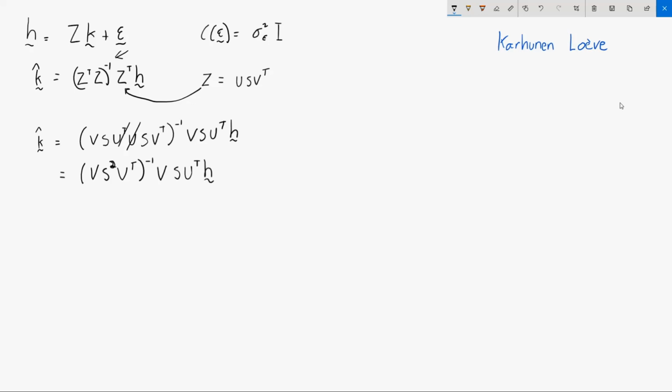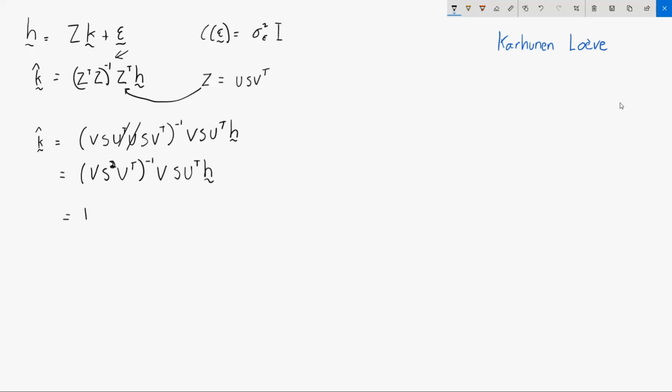Now I apply the inverse. Recall that the inverse of an orthonormal matrix is its transpose, and that the transpose of a transpose is the original matrix.